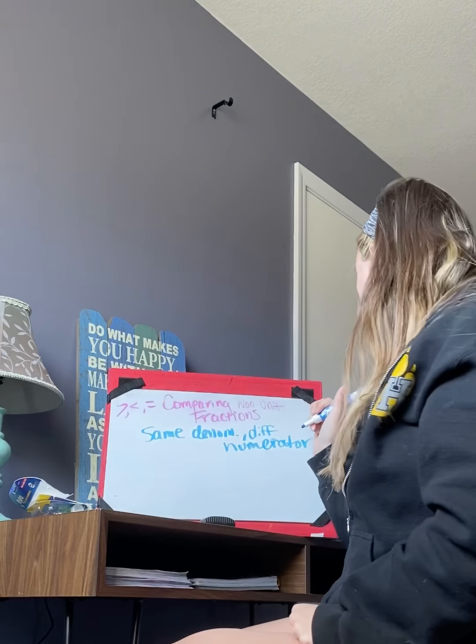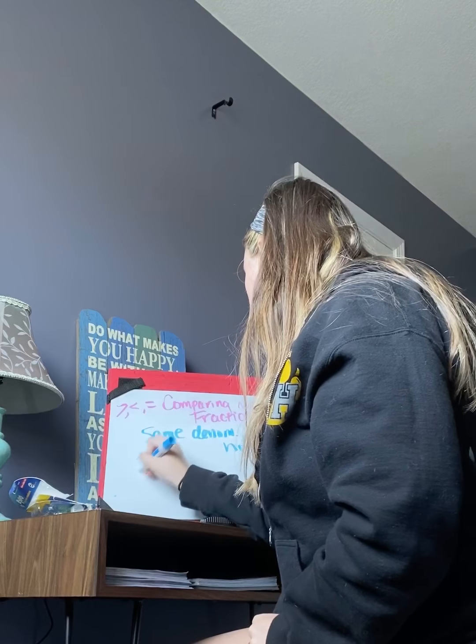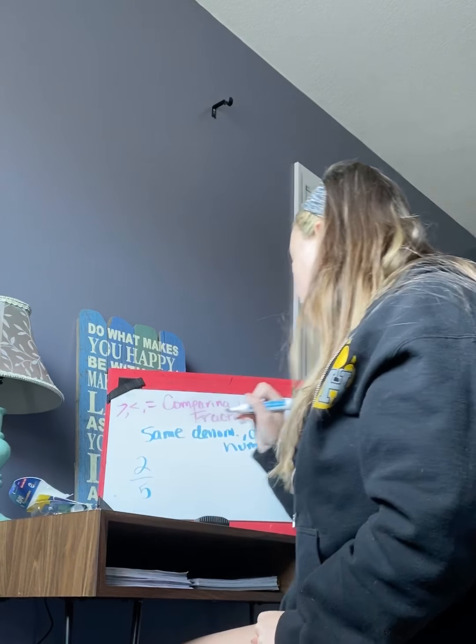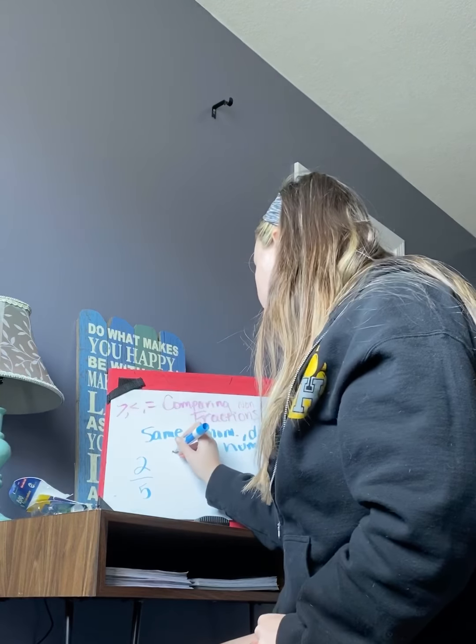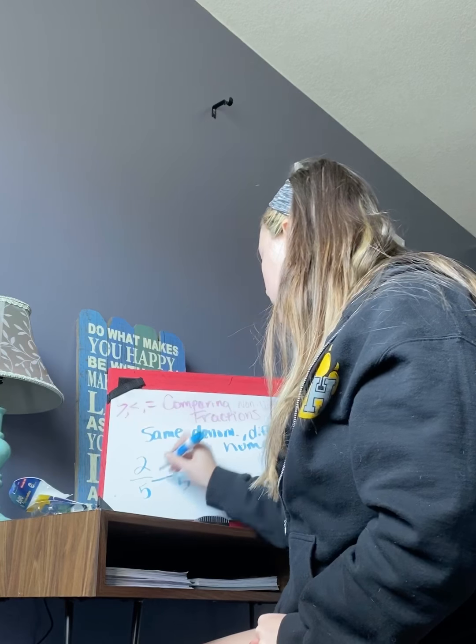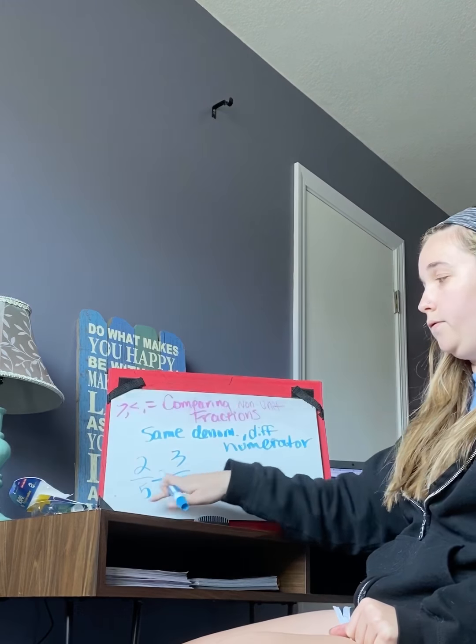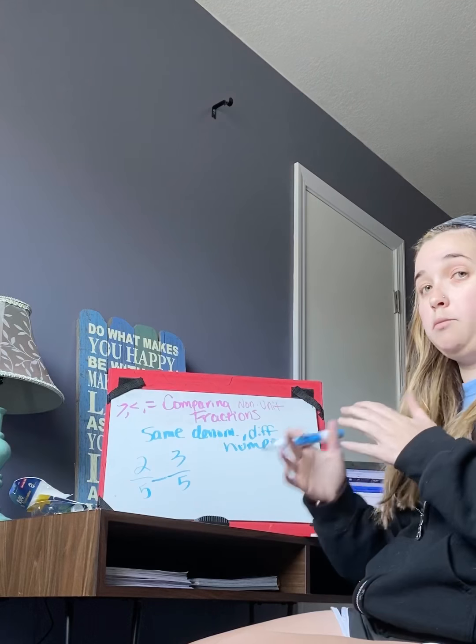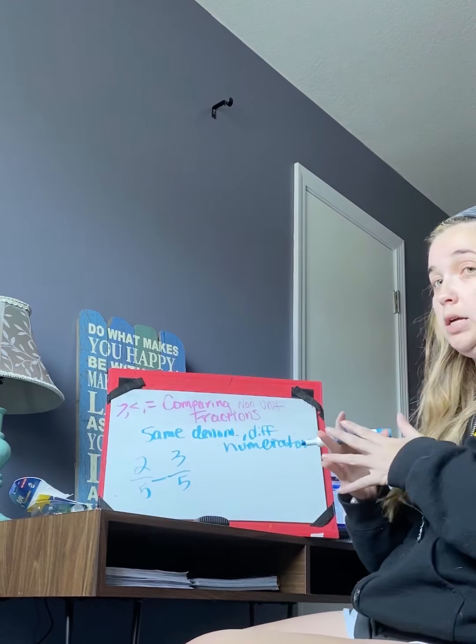Okay, so for example, we could do 2/5 compared to 3/5. So as you can see in this one, we've got the 5ths, the same denominator as each other.